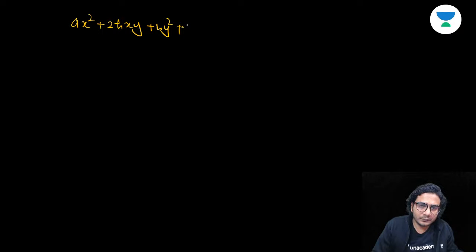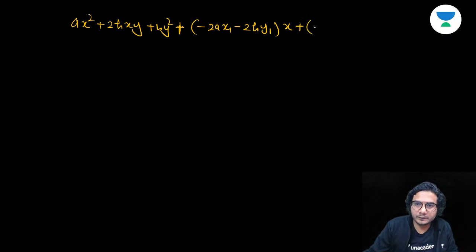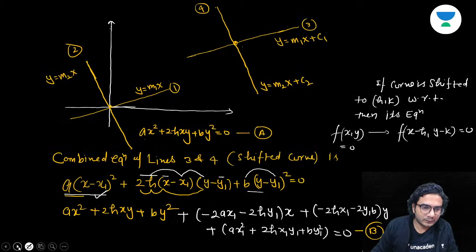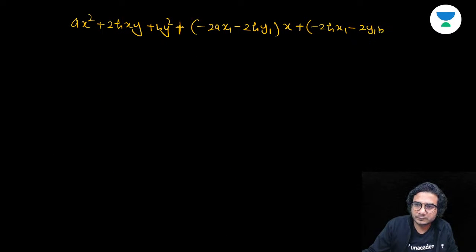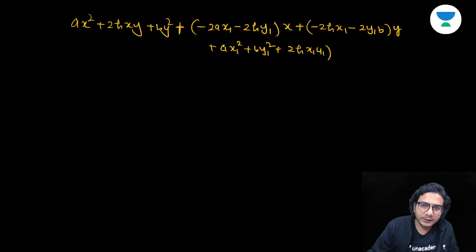So this equation B is ax square plus 2hxy plus by square plus minus 2ax1 minus 2hy1 into x plus minus 2hx1 minus 2y1b into y plus ax1 square plus by1 square plus 2hx1y1. Okay, this was the equation.